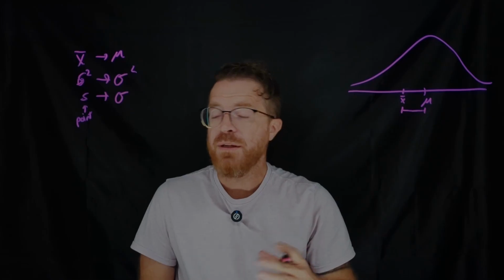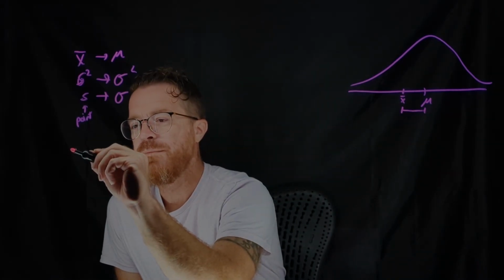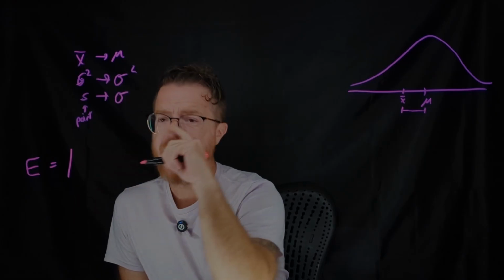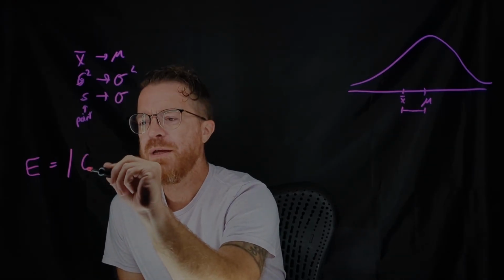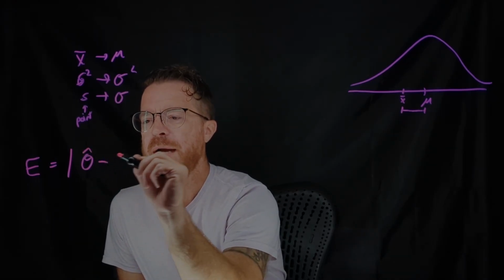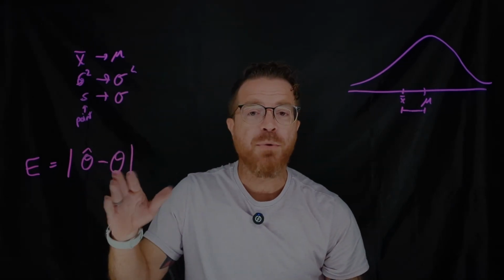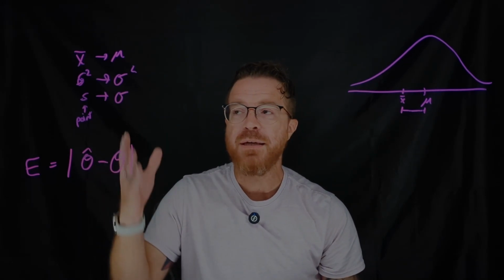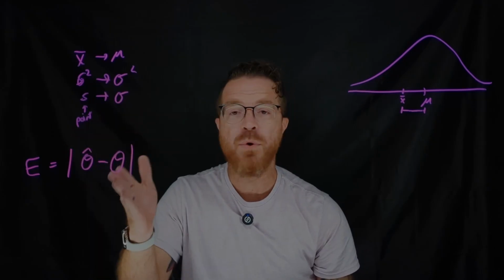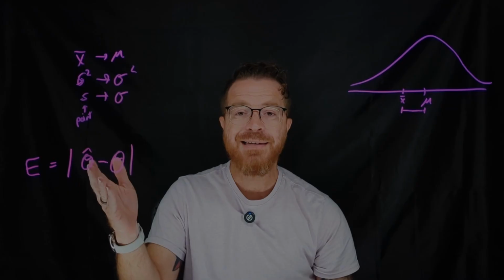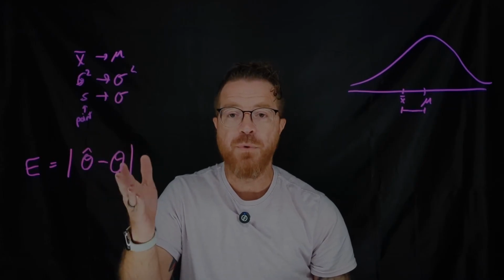And the actual formula for this is as so. Our margin of error, we'll just call it E for error, is going to be the absolute value of theta hat minus theta. Where theta hat, if you remember, just means the statistic or point estimate for that parameter. So if theta is our parameter of interest, theta hat is our point estimate for that parameter.